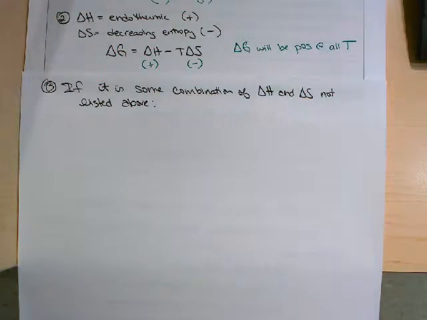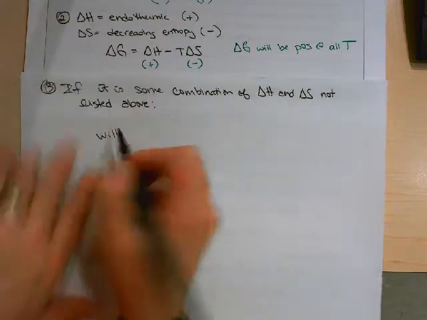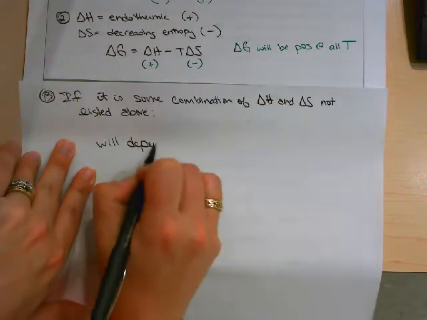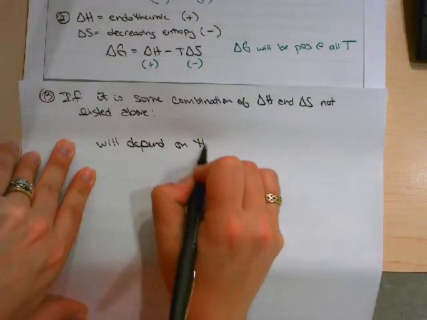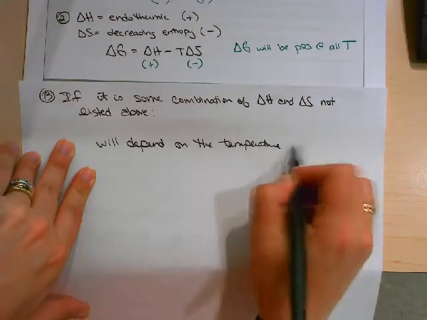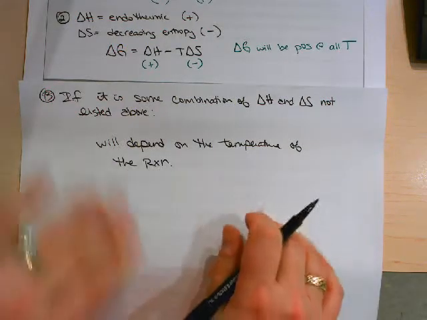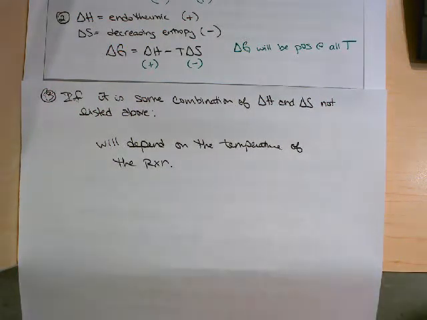So if it's some combination of delta H, delta S not listed above, so maybe endo but increasing, or maybe exo and decreasing, some sort of combination like that, then it's going to depend on the temperature that the reaction is taking place at.